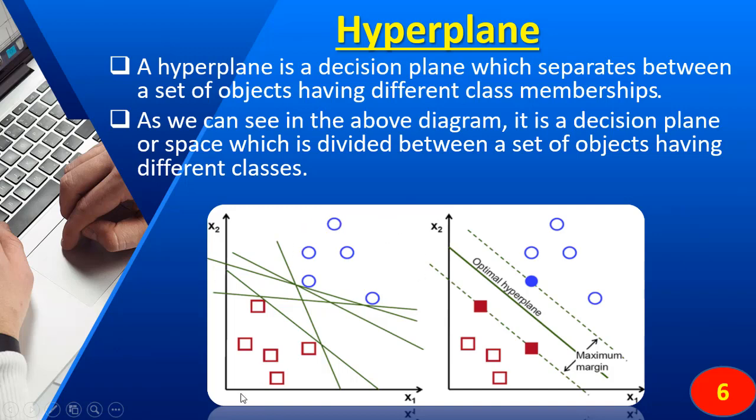Suppose this is a dataset and this is a dataset, and this straight line classifies them. So we can consider this a hyperplane. In a two-dimensional view, a hyperplane is a line, but in a three-dimensional view, a hyperplane is a surface.